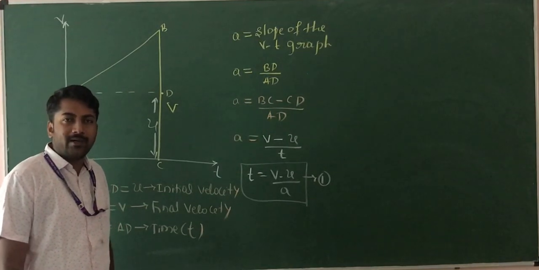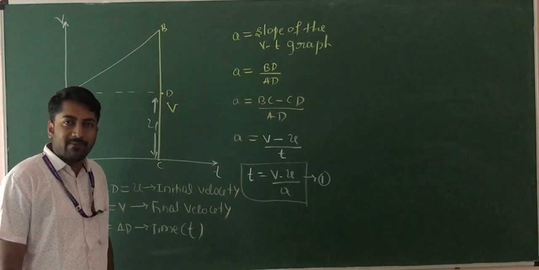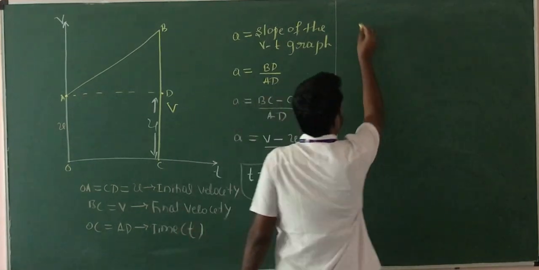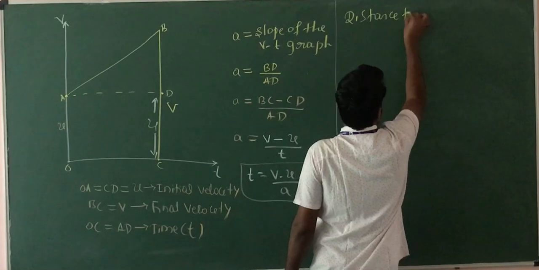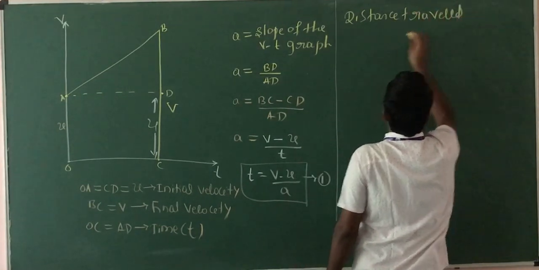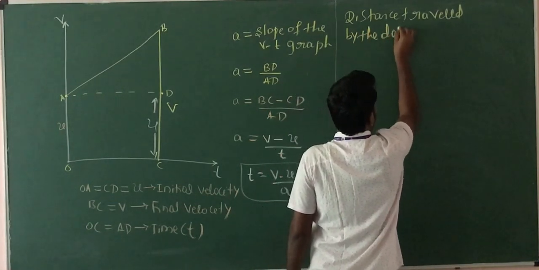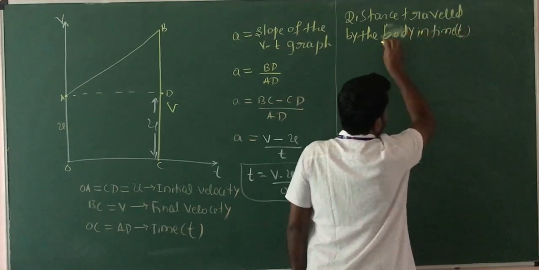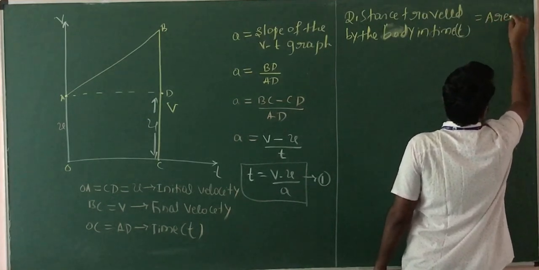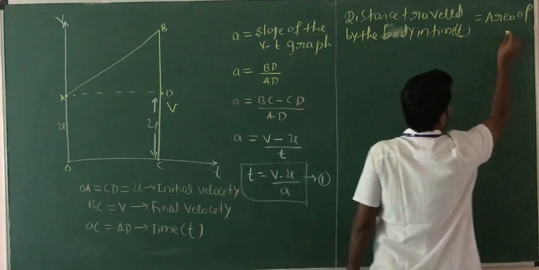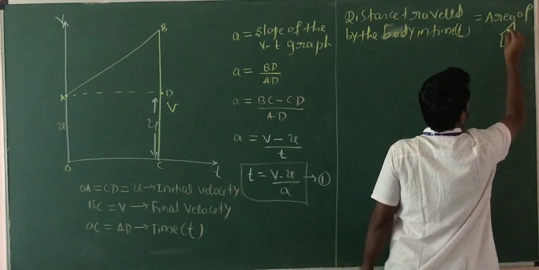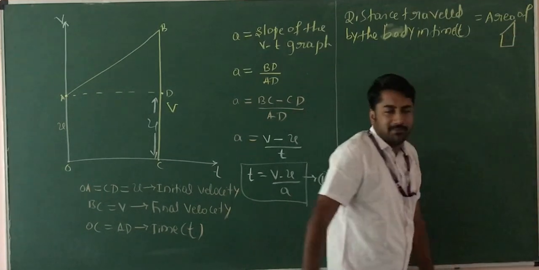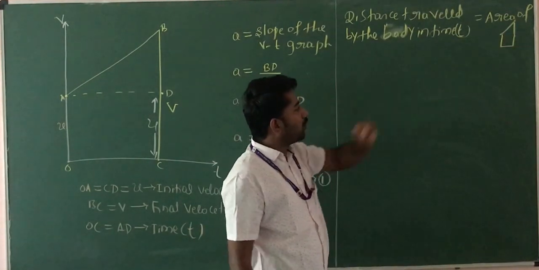The distance s travelled by the body in a time t is equal to the area of the trapezium. This is the trapezium symbol.